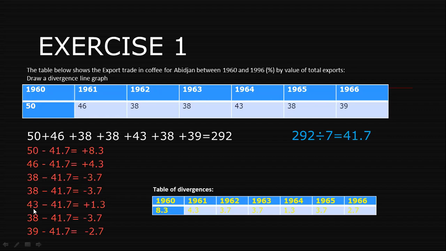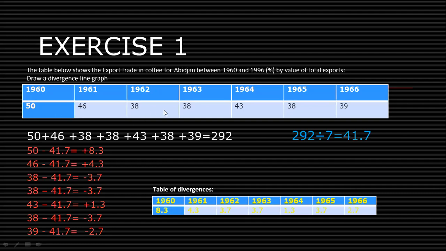When we get 43 minus 41.7, we get positive 1.3. Then 38 minus 41.7, we get negative 3.7. And then 39 minus 41.7, we shall get negative 2.7. We know where we have got this.